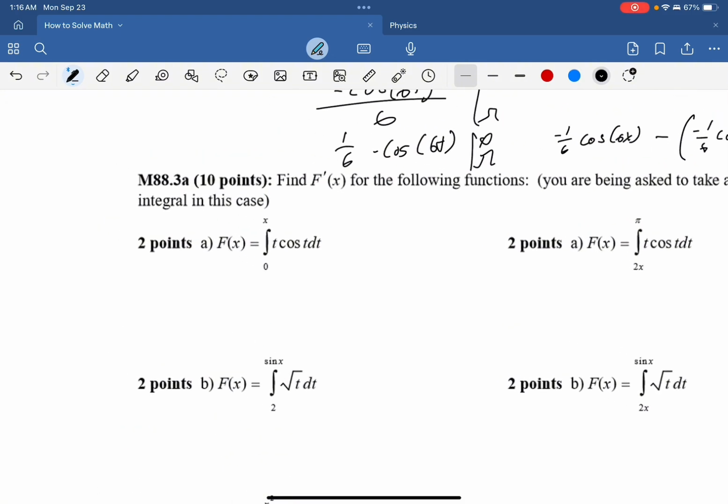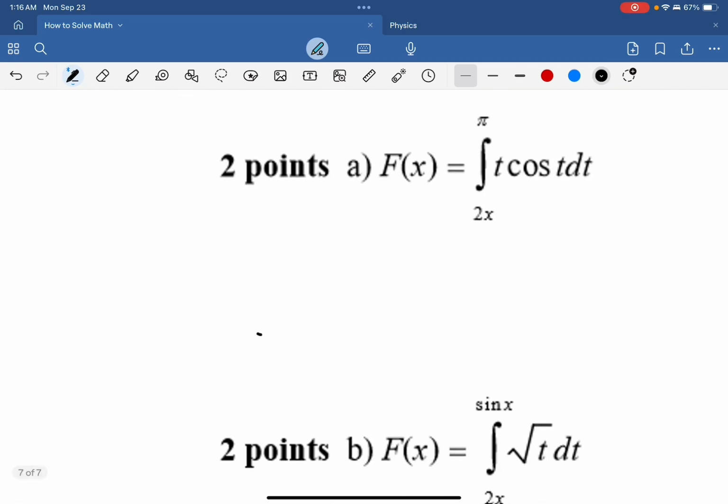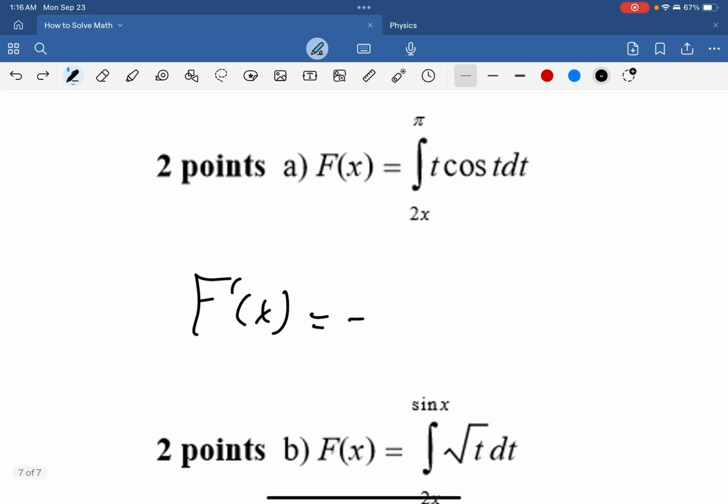There we go. For all of these, all you gotta do is take the derivative of them. So f prime of x is going to be x cos of x. And then this one, f prime of x, is going to be negative, because 2x is at the bottom. We want to find that because that's what we plug in.